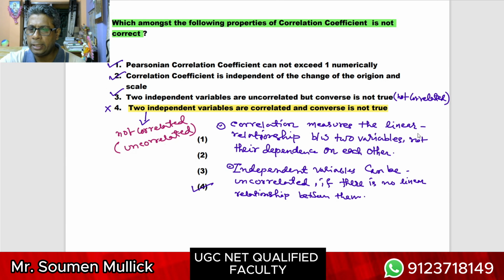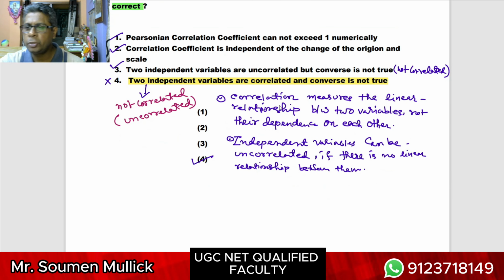Correlation measures the linear relationship between two variables, not their dependence on each other. Number two, independent variables can be uncorrelated if there is no linear relationship between them.